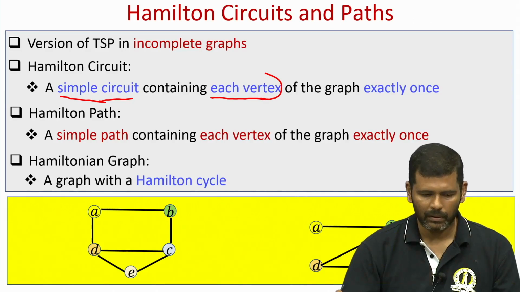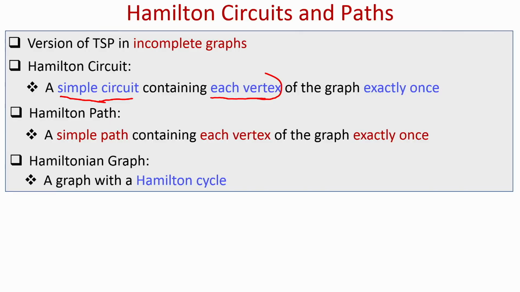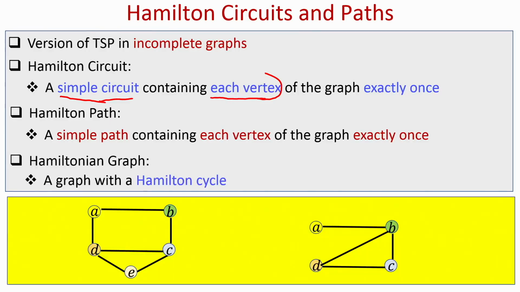So, for instance, if I consider the first graph here, this graph has a Hamiltonian circuit because if I make a tour like A to D, D to E, E to C, C to B and B to A, then it covers all the vertices.